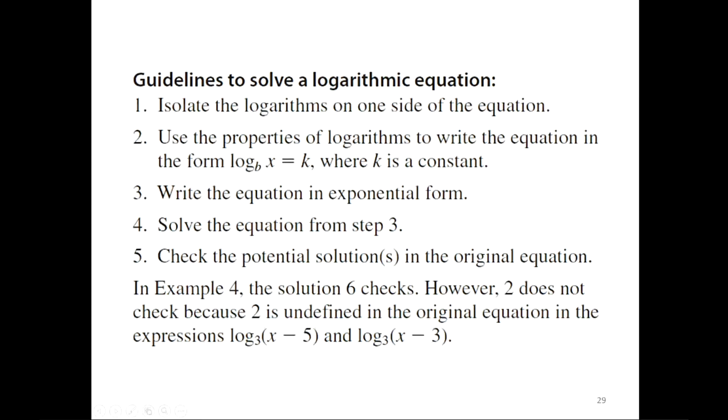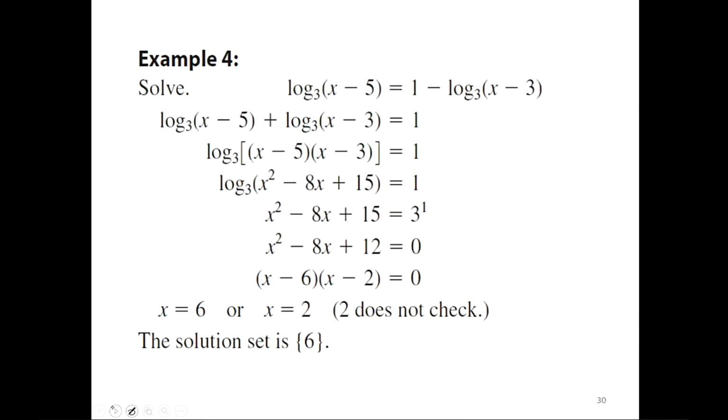If we have two logarithms, how can we solve them? For example, log of x minus 5 equal to 1 minus log of x minus 3. If we have two logarithms, we must put the logarithms on one side.